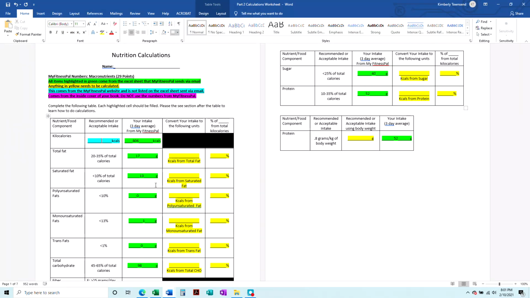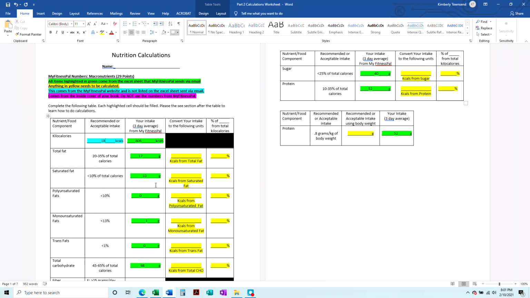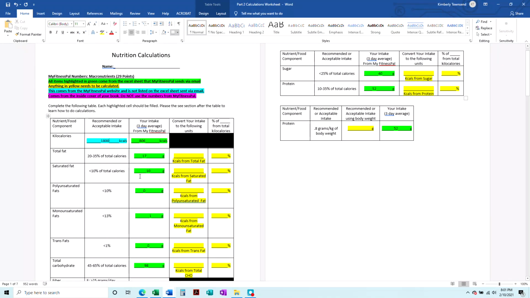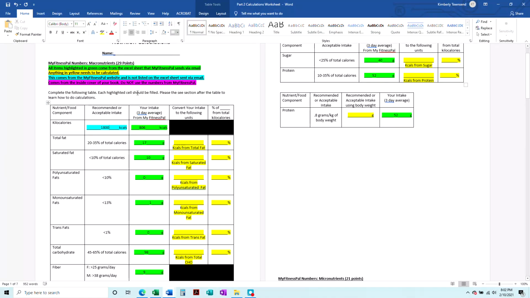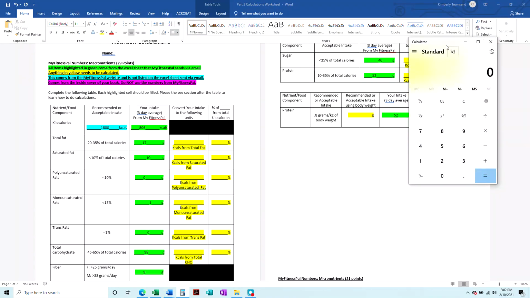Now, depending on if you put, as far as your activity level, not very active, active, etc., or highly active, that number will vary a little bit more. For mine it's at 1800, so I'm going to go ahead and put 1800 for that particular one. Now, I'm just going to go in and show you how to do all of these calculations.